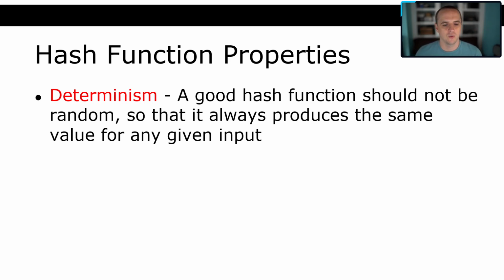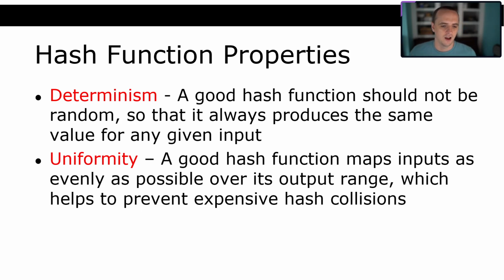So if I hash my gigabyte of data that I'm trying to send you, there's no randomness in that function, so that when you run it on your computer, you get that same value for the same data. Determinism is typically a good idea when it comes to writing a good hash function.